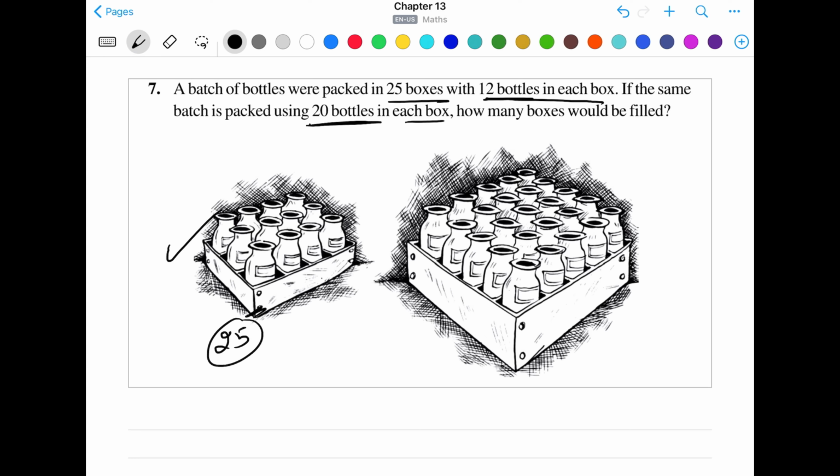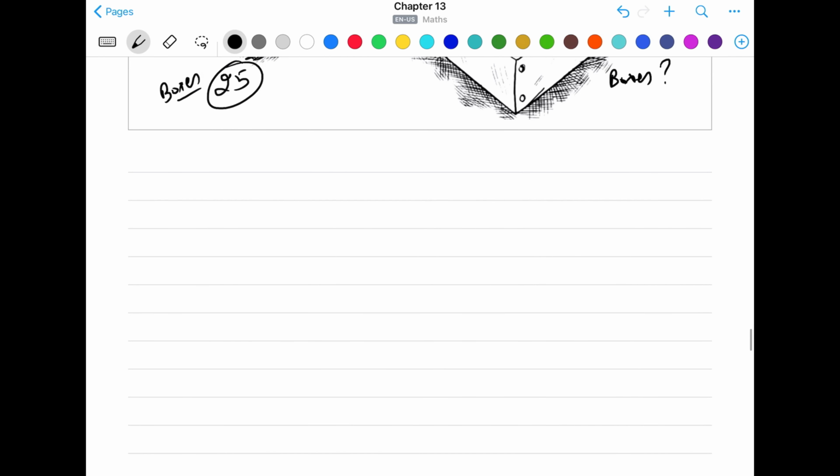So we need 25 such boxes when we are packaging 12 bottles. Now we started to package 20 bottles in a box instead. So we have to calculate how many boxes we require. Let's first write this information in the form of a table. That is answer number 7.